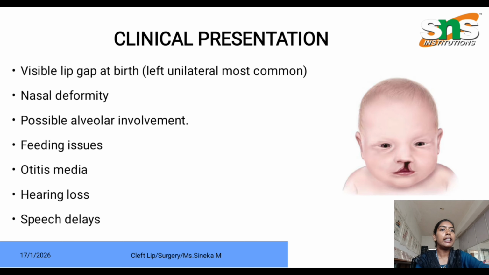A split in the nasal floor muscle and lip may easily let microorganisms reach the ears, which will affect the inner ear and lead to otitis media, affecting the middle ear. Prolonged inflammation in the middle ear leads to hearing loss. Speech delays may occur because of the split in the lip.